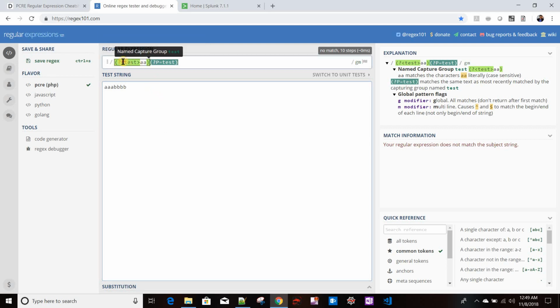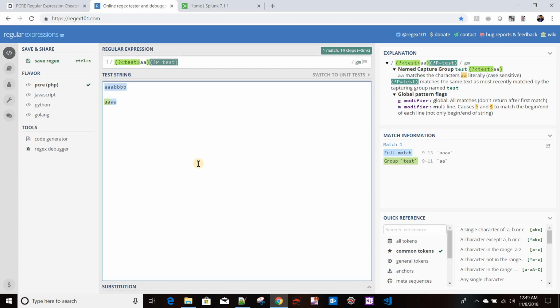Because the first part is matching a single AA, and this is the output of this group, which is stored somewhere in memory. Now I have called test again, so it is trying to match another AA, which it is not able to find in this string. That's why it is not matching anything. So this is how you create a named group.